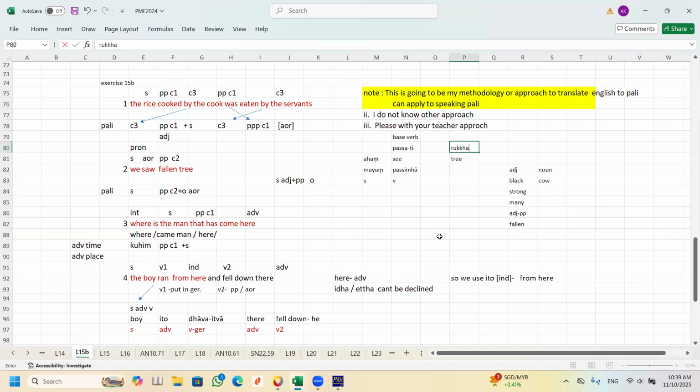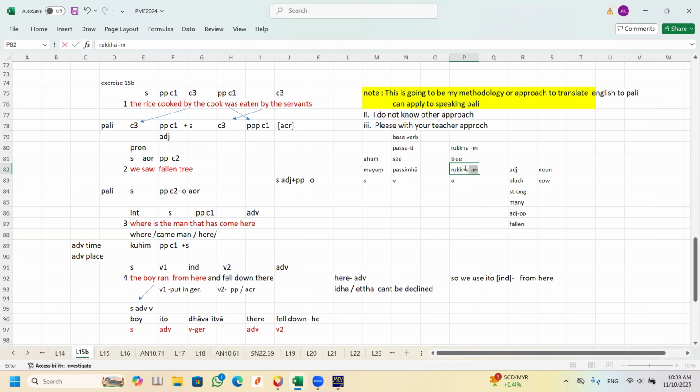So you find the tree is ruka. And you must identify the gender. In this case, the gender is masculine. So when it is masculine and you're going to put it as an object, it has to be rukang. You understand? Yes. So this is the approach, rukang.